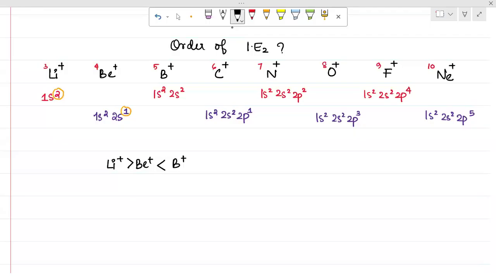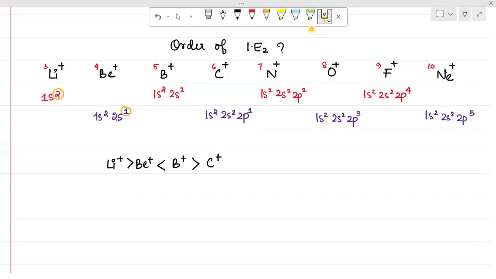Now coming to carbon. Carbon again is S2 fully filled. This is only P1, which is just one occupied. Or in terms of penetration power, this is S and this is P. S has got more penetration power and hence more ionization energy. All right. You're getting it right. Now, next one is P1 and P2. No noble gas configuration, comparable penetration energies.